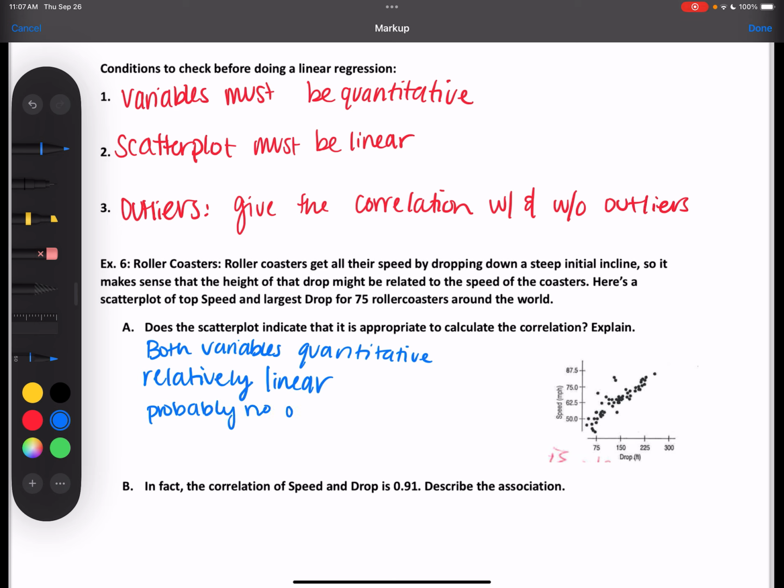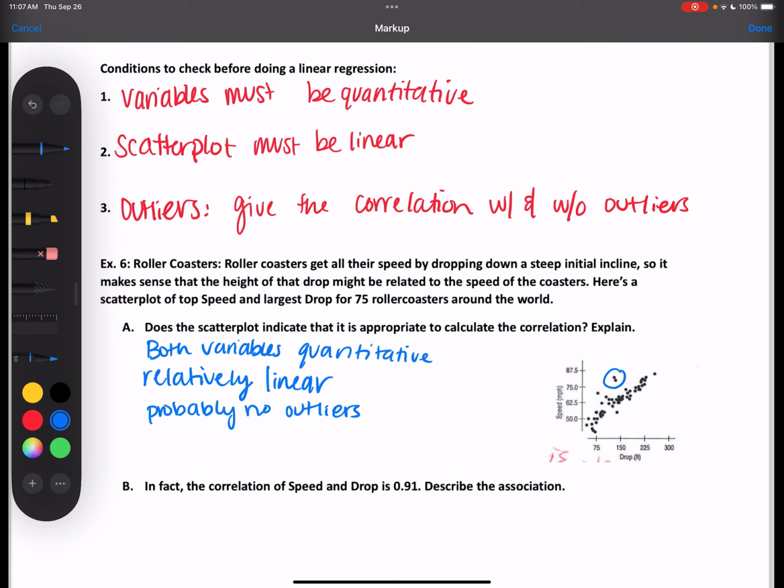Usually if they're going to have outliers and they don't explicitly tell you, it's going to be way off the beaten path. I could also see your argument that those two are a little farther up than the others, but I think if we actually calculated it, they probably wouldn't be.